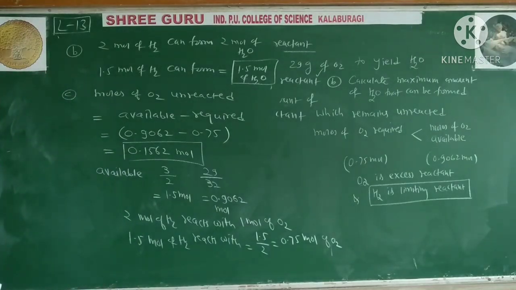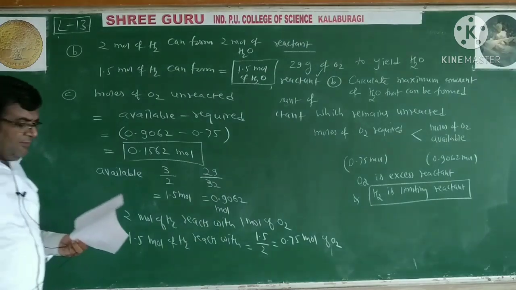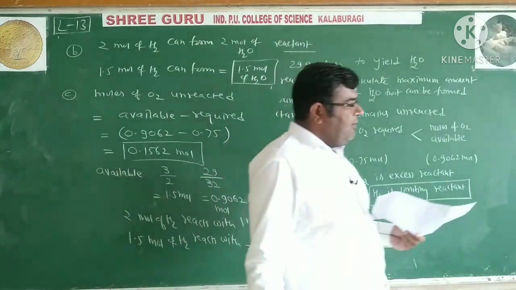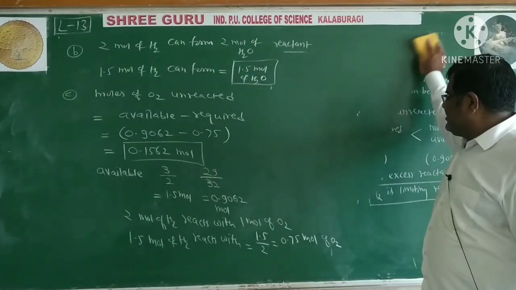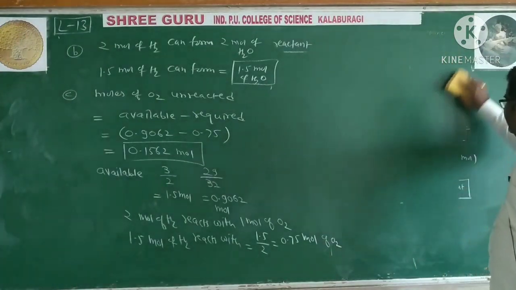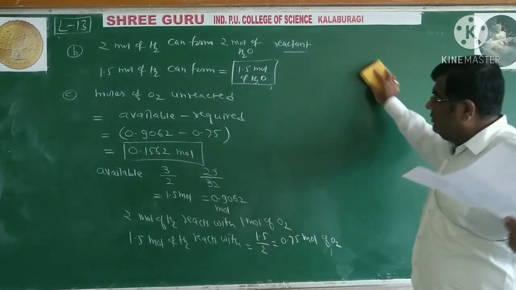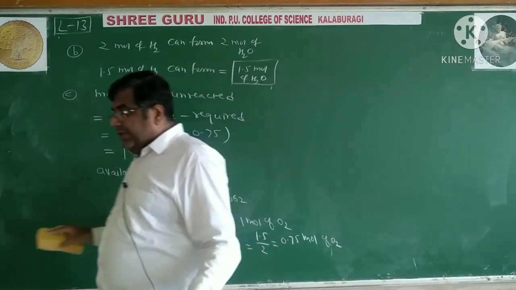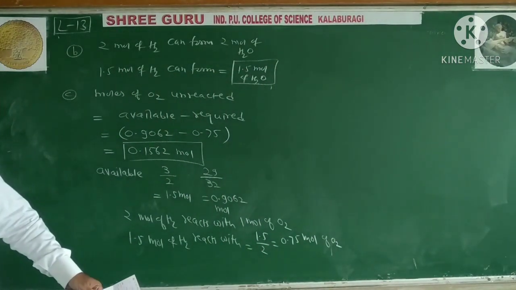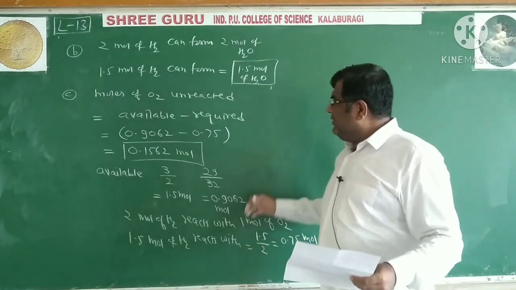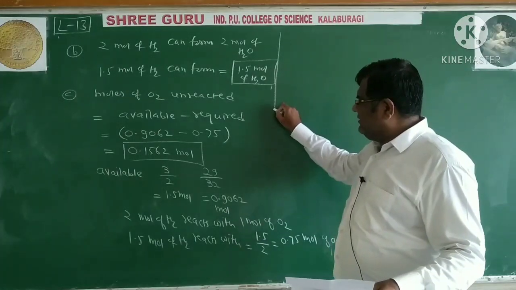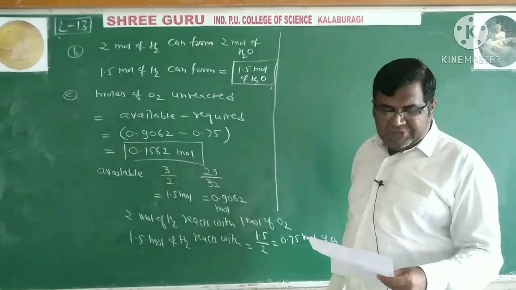Write this fast, or you can just pause the video and complete this. I will write here two questions for homework. Don't neglect this part by thinking that this is difficult. When you solve, then you realize they are not that difficult.